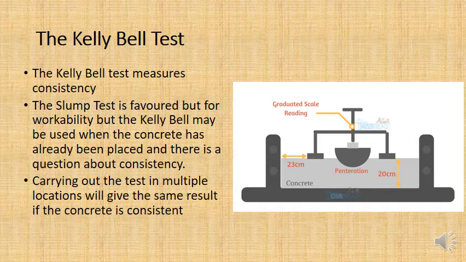Now, sometimes you get a moron who works at the construction site, and he won't do the slump test, and he will pour the concrete before you can test it for workability. This actually happened for me in my early career as a civil engineer. I was working for a dam company in New Zealand, and what we were doing was building a concrete wall close to the power station.